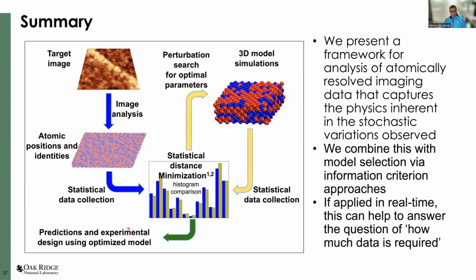And so by doing this, we can also get uncertainty quantification on the kinds of models that we can compute, and therefore give us the best possible model that can be useful for future simulations and for future experiments.